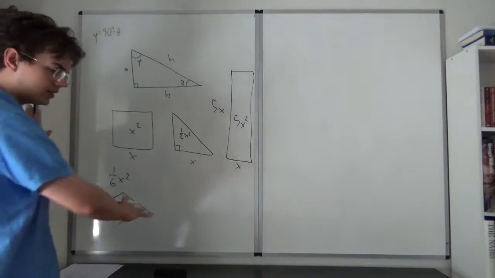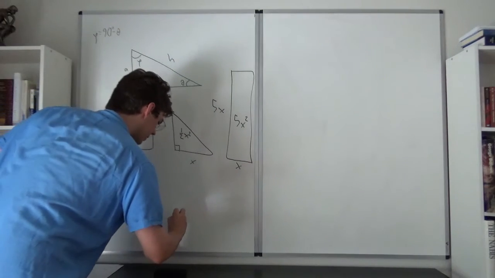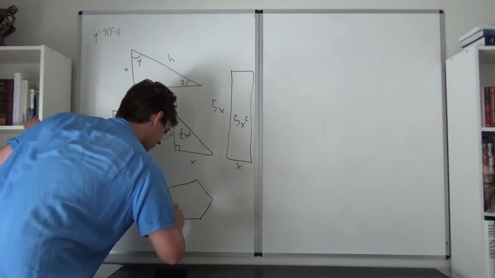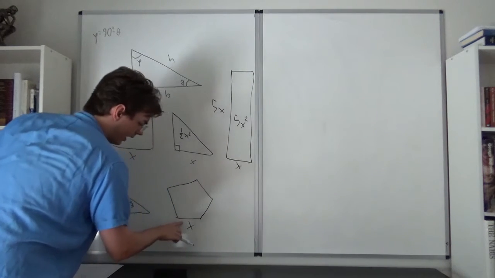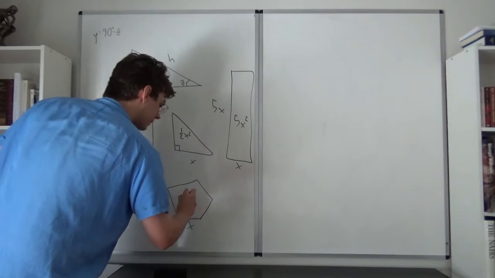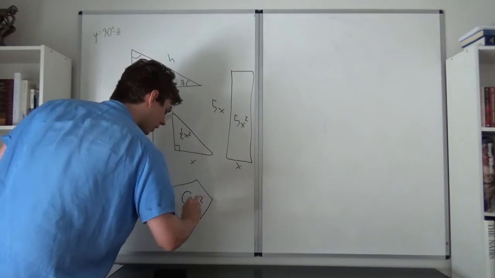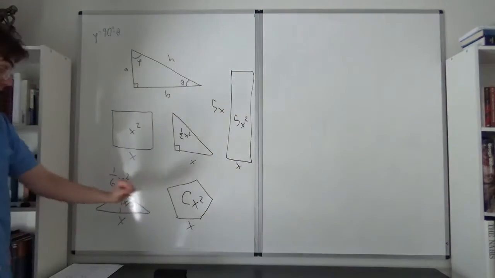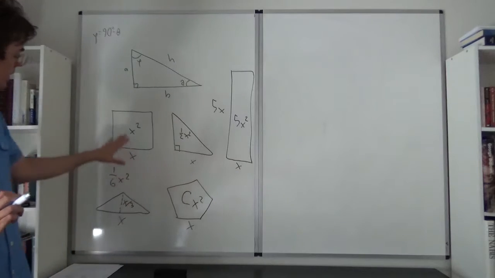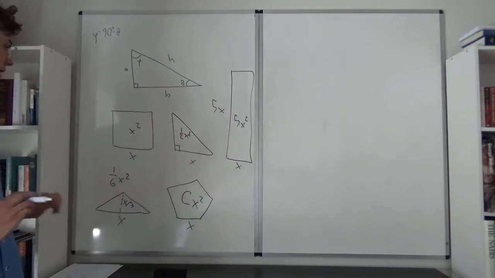If I have some shape, any old shape, it can be very strange even, like a pentagon, and I know one of its sides, then I'll know the area will be some multiple of the square of that side. And we see that in all of these examples here.